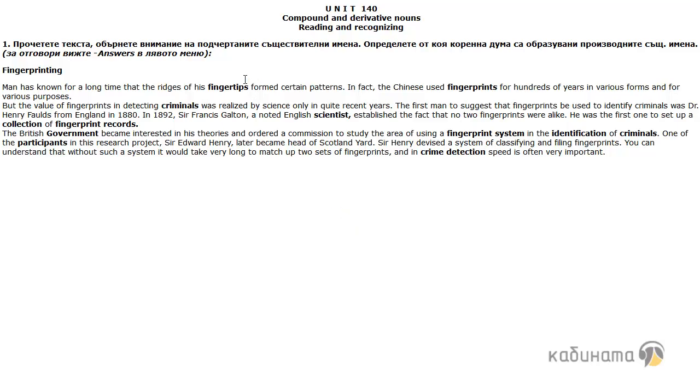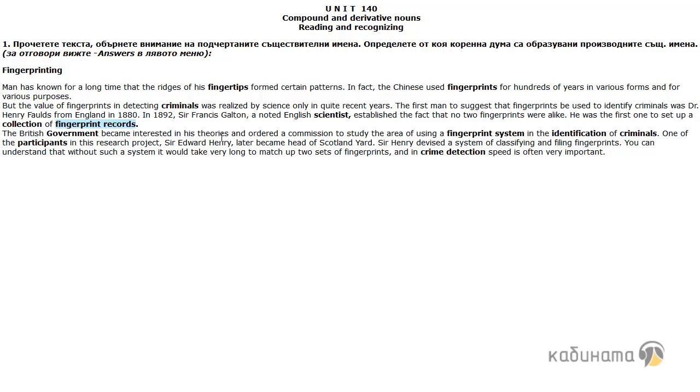Now, compound nouns in this text are: the first one, fingertips. Also, fingerprints. This is a word coming from two words. Fingerprint records.